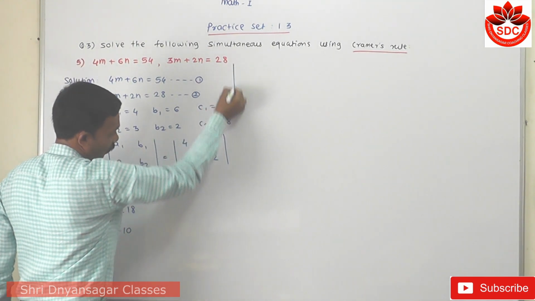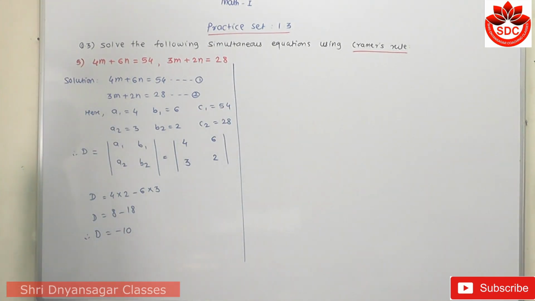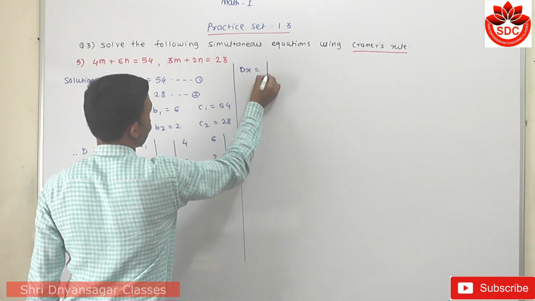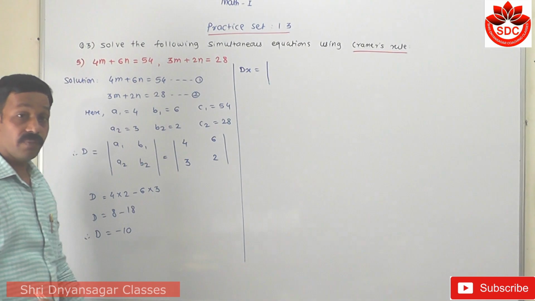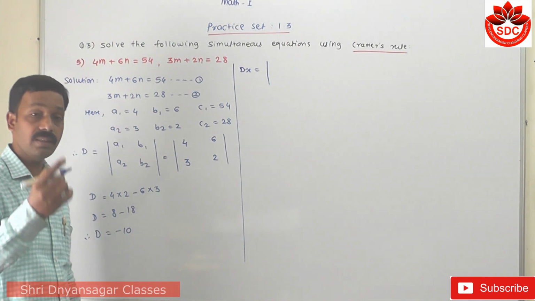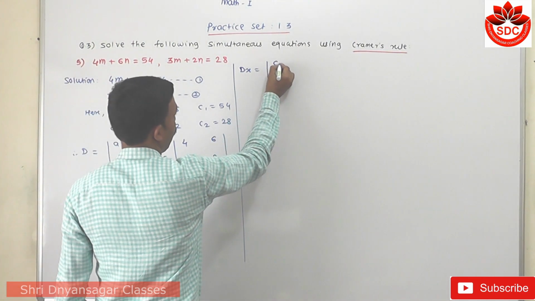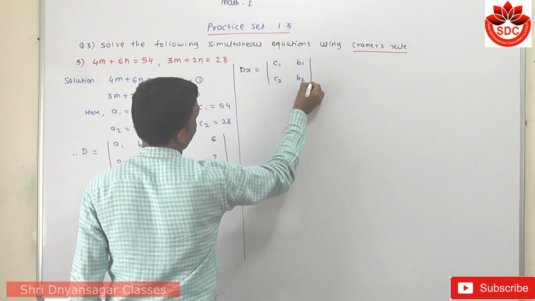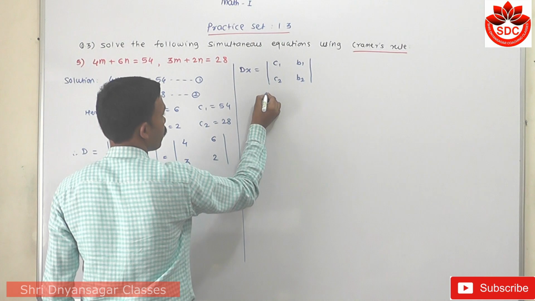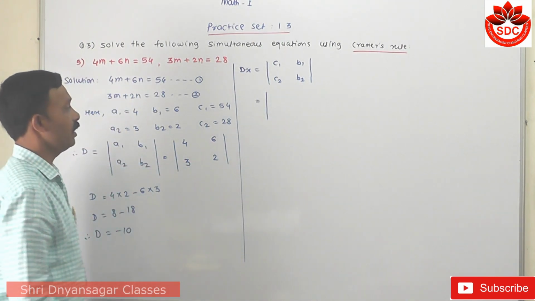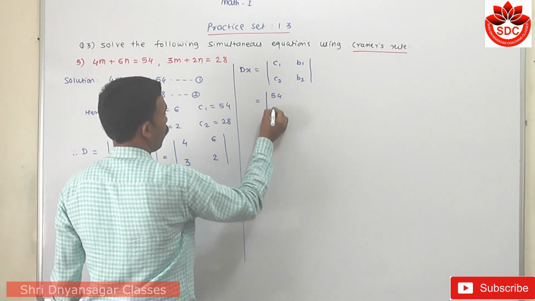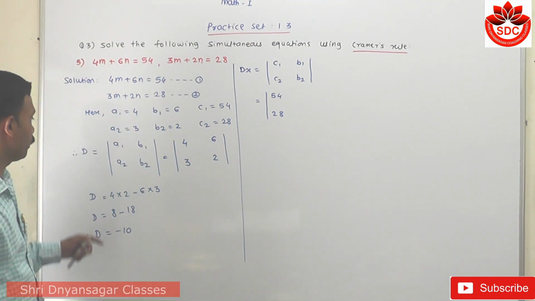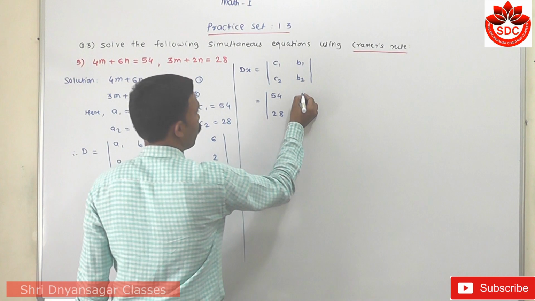Then we can find out the value of determinant of x. For finding the value of determinant of x, the rule is that we replace a1, a2 by c1, c2. So here I will write c1, c2 and here b1 and b2. Then we substitute the values: c1, c2 is 54 and 20, b1, b2 is 6 and 2.